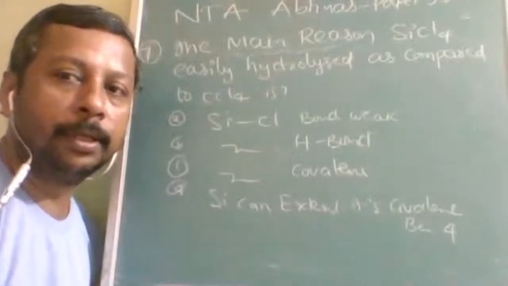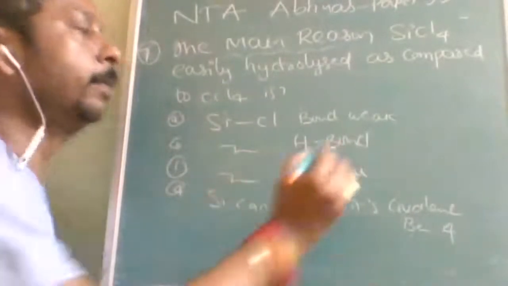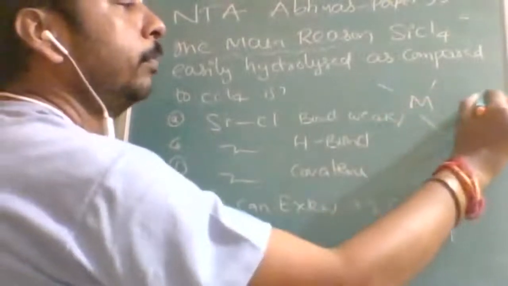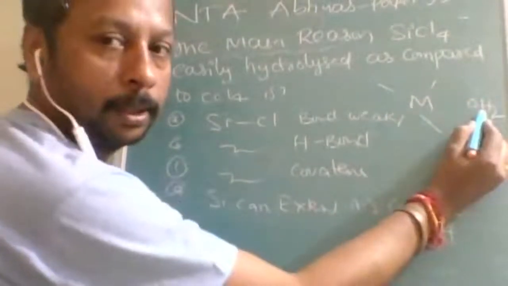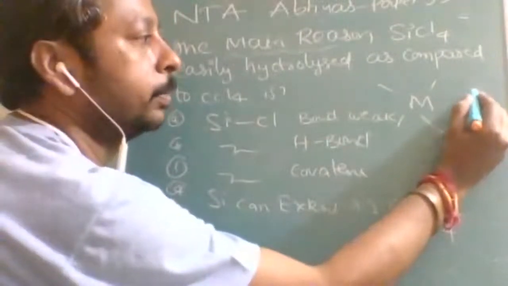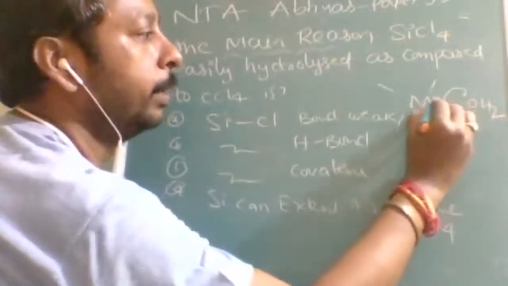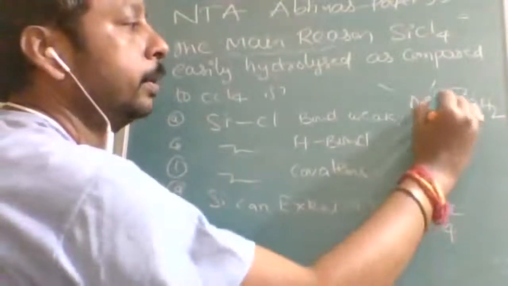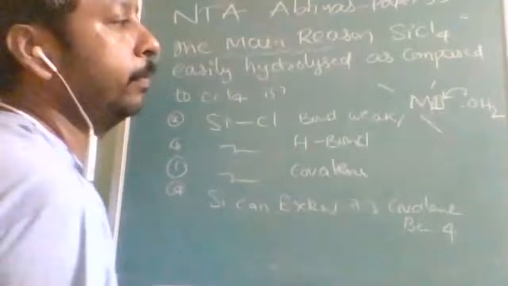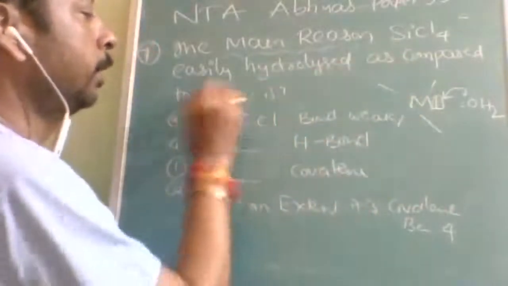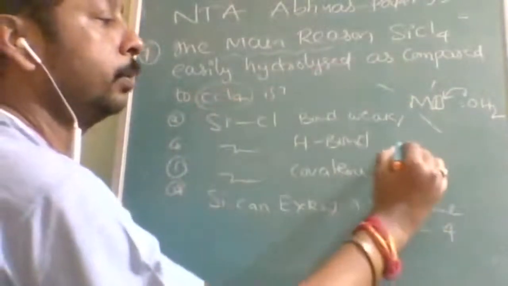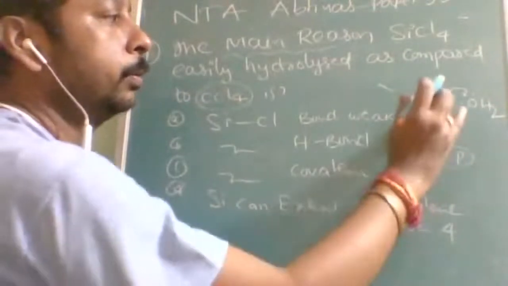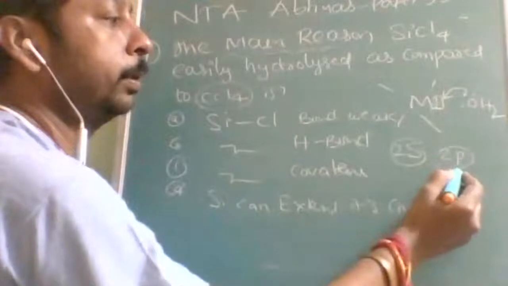See, in this question, for hydrolysis the main problem is this: suppose this is a central element, and water approaches. It should be able to accommodate the lone pair donated by water, so this place must be available. In the case of carbon, the 2s and 2p orbitals are fully occupied with the 4 bonds, so it cannot extend beyond 4.